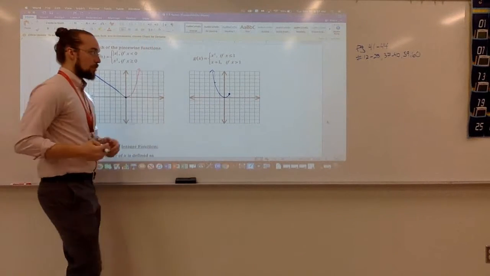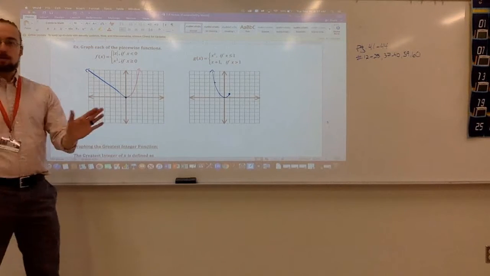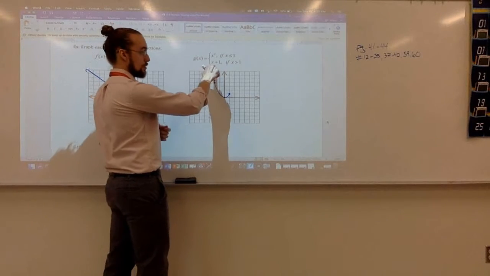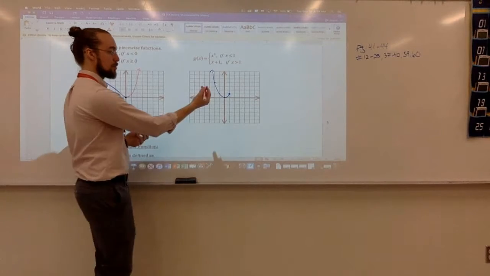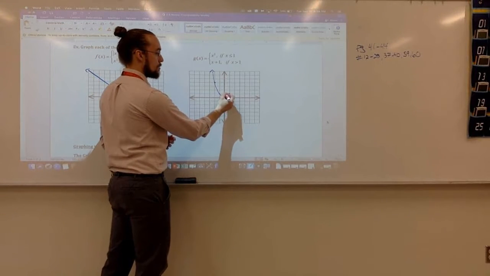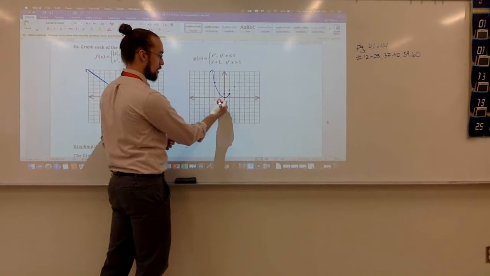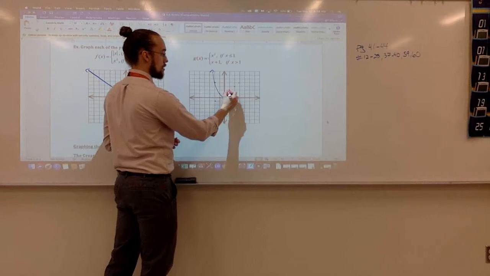Well, for the next one, I want to graph the line x plus 1. So I'm ignoring the domain restriction. I'm just going to graph this line. This tells me a slope of 1 and a y-intercept of 1. So I'm going to start at my y-intercept and then go up 1 over 1, up 1 over 1, and we get a line that does something like this.